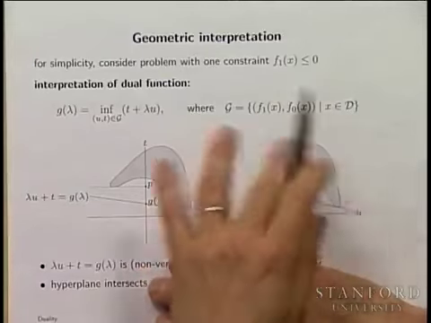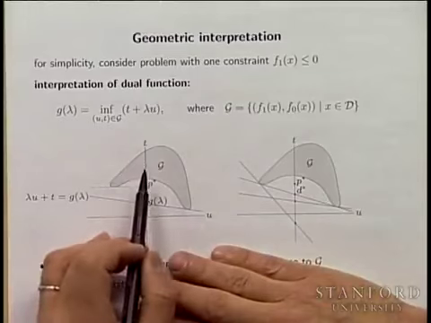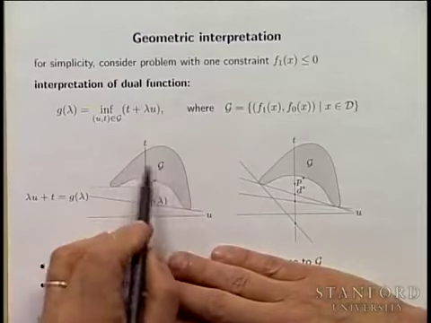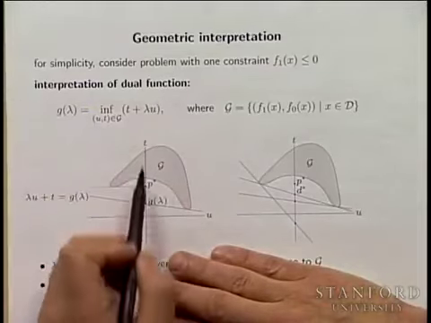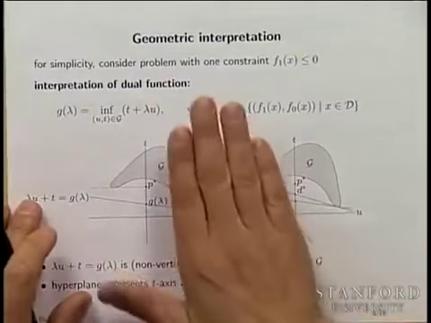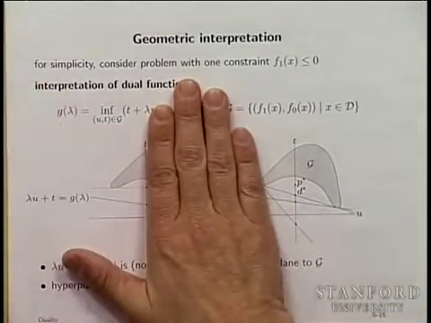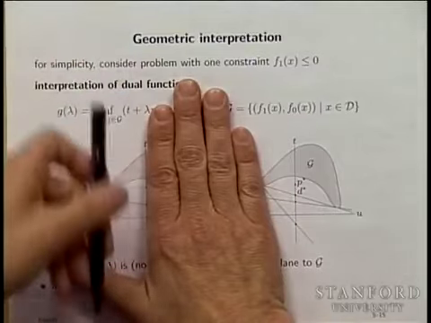So although the problem may be happening in 100 dimensions, for every x, I'm going to plot a point in this plane, and one axis tells you the objective value, and this one tells you the constraint function. So basically, everything over here corresponds to feasible, okay? And then the height corresponds to the objective value.